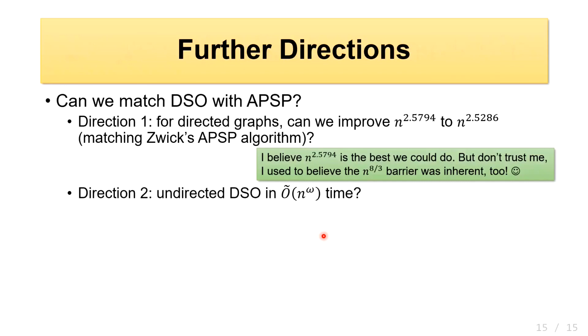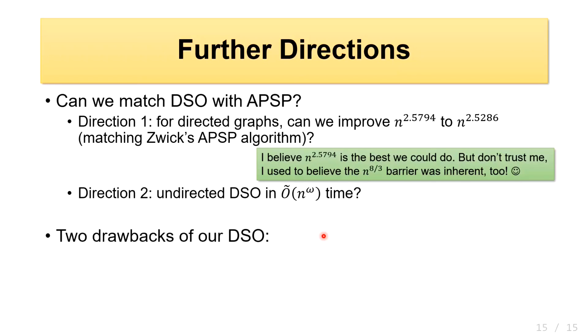For undirected graphs, APSP can indeed be computed in n^ω time. So it's natural to ask whether we can also compute undirected DSO in n^ω time. I could only say that the machinery in my previous ESA paper cannot give us such DSO. Maybe we need some new clever ideas.